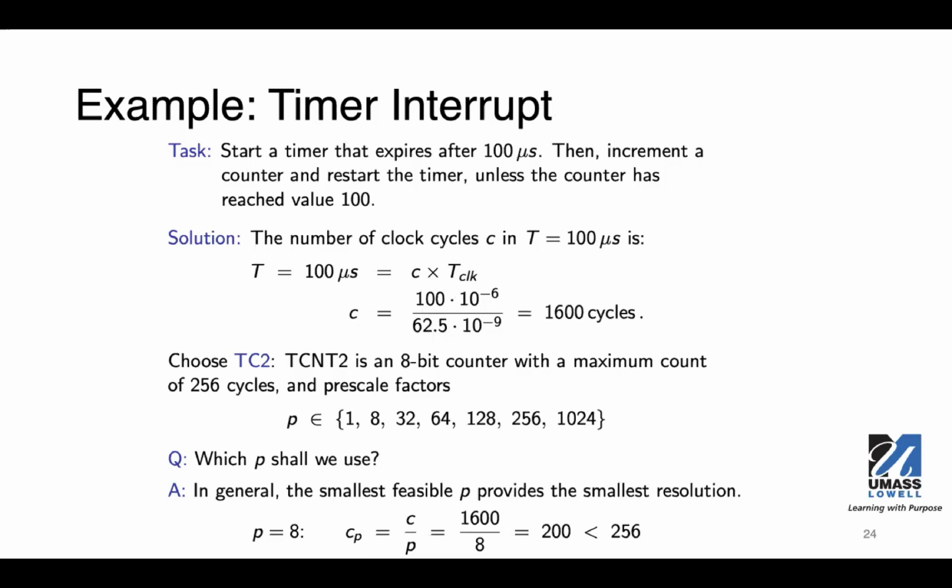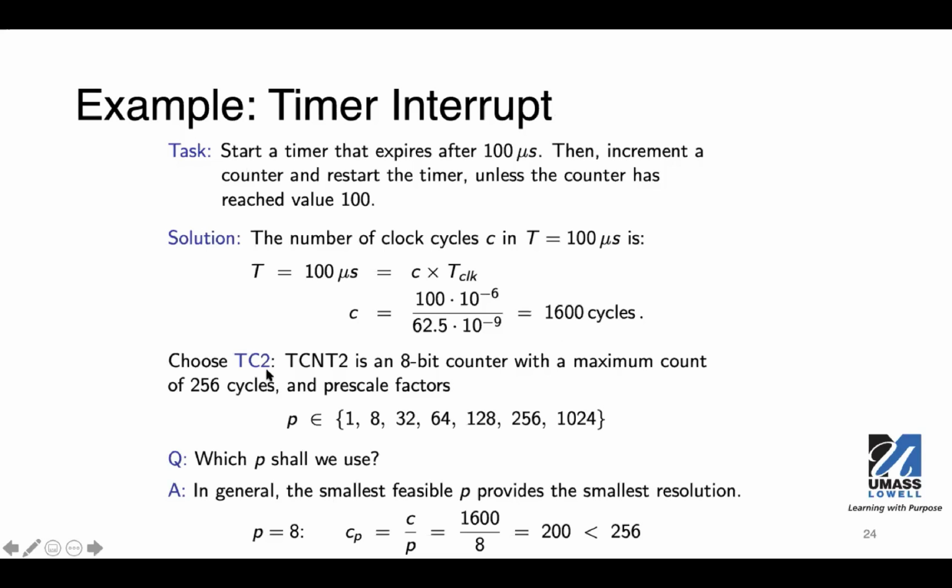This is the number of cycles we need to have the counter count up. Then we need to choose a value in a counter register so that it will count this number of cycles.